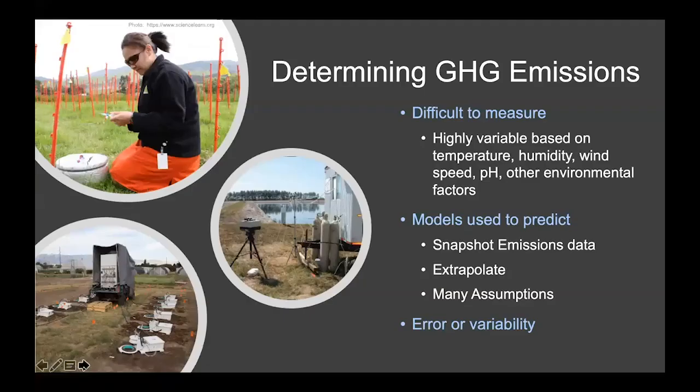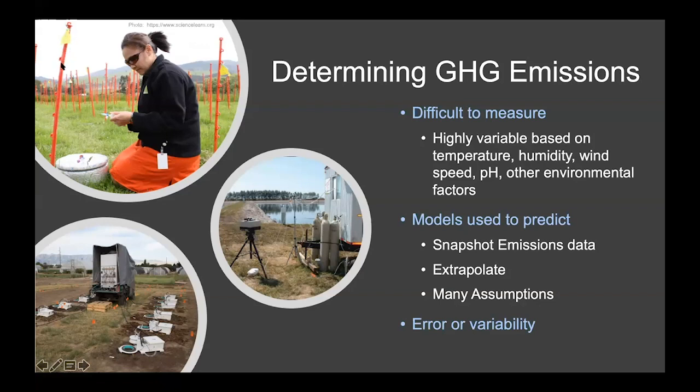Now, how do we determine greenhouse gas emissions? They're difficult to measure. You're trying to find and measure gases as they're released from a lot of microbial actions. So you're trying to go out there and put the covers on and take little air samples.